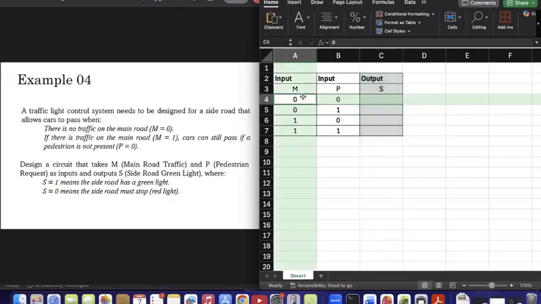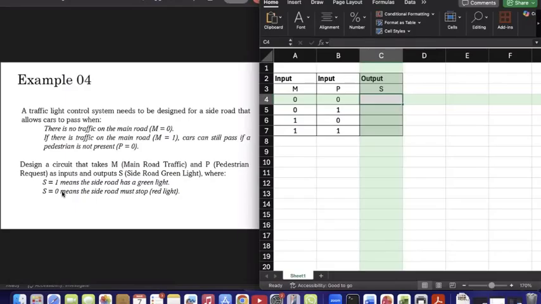So, if M is equal to 0, what is the output S? Should the green light blink? Whenever there is no traffic on the main road, M is equal to 0, the light should blink. So what should be S? 1 or 0?